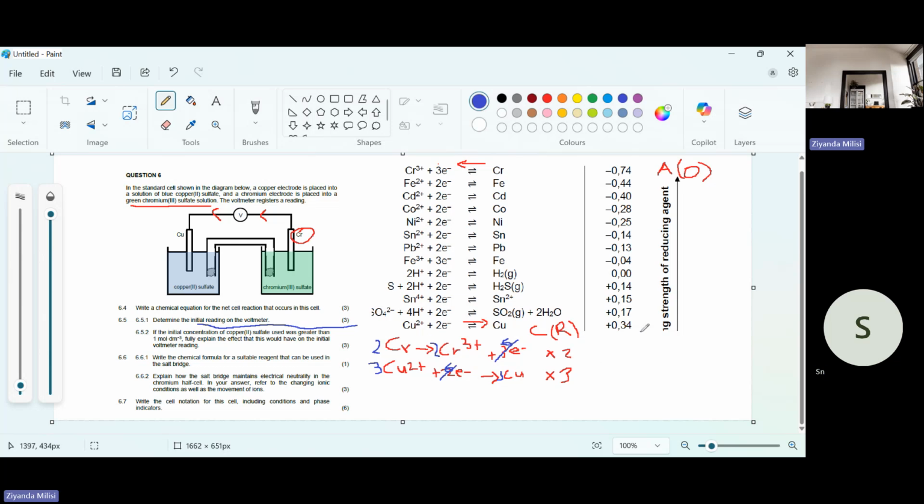Cathode minus anode. So it's gonna be 0.34 minus 0.74. Did you get it? I keep mixing my anode and my cathode.